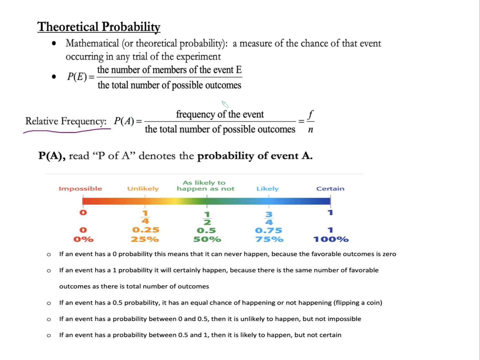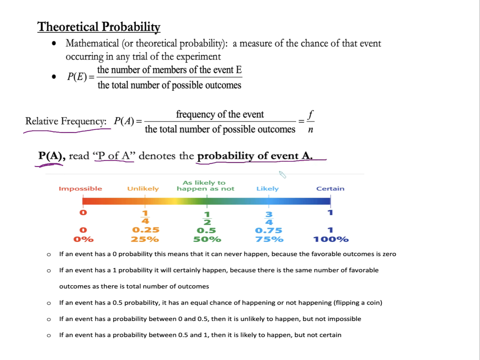You have P of A, it's the frequency of the event, which we'll call F, over, again, the total number of possible outcomes, N. In all, probability is probability. It's the members of the event over the total. That's it. Whenever you see P of A in the notation, it just reads P of A, and it's basically the probability of event A.